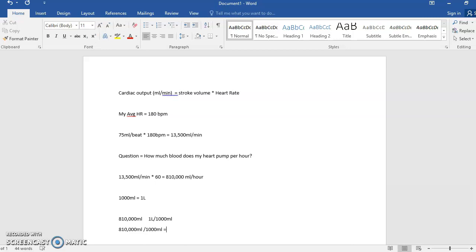Those units will cancel each other out, and then you should get, using proper calculations, 810 liters. And so my answer to that first bolded problem about how many liters of blood is pumped through my heart in 1 hour would be 810 liters. But once again, you would have to do your own number. Same idea, same process, but just with your own numbers.